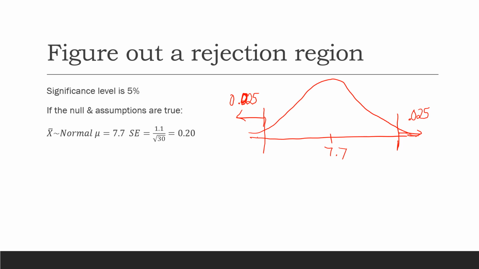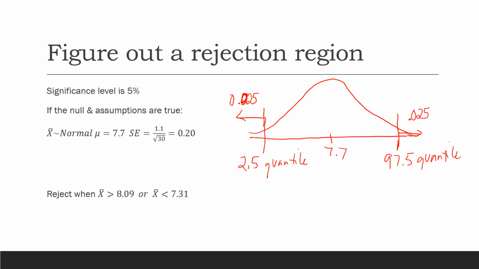So now I can figure out these values. This is going to be the 97.5 quantile for my normal distribution. This is going to be the 2.5 quantile. And I can find that those are 7.31 and 8.09.